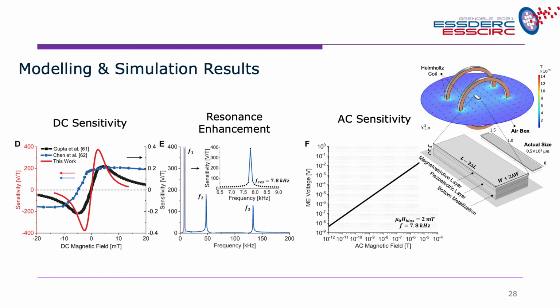And also the AC sensitivity: by increasing the AC magnetic field, we could have a linear response, as you can see in these figures.